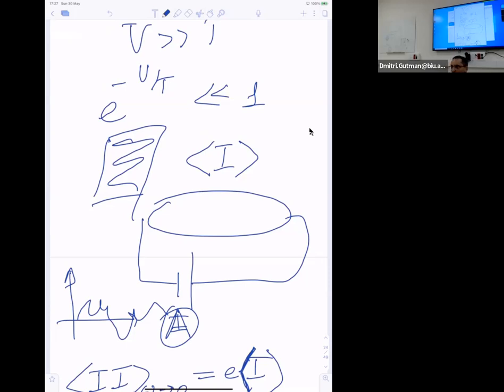I spent some time talking to experimentalists who try to do it, and this was very, very difficult. Now, one of the reasons people are interested is that shot noise is sensitive to the charge of the carrier. If you measure shot noise, this is one of the ways to measure what the fundamental carriers in the system are. For example, in quantum Hall, this is how people measure fractional charges.